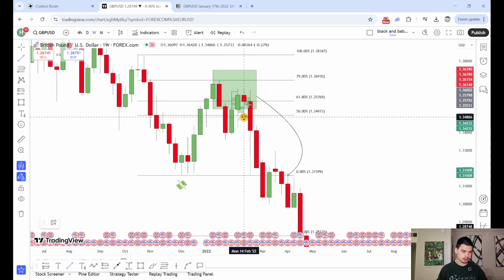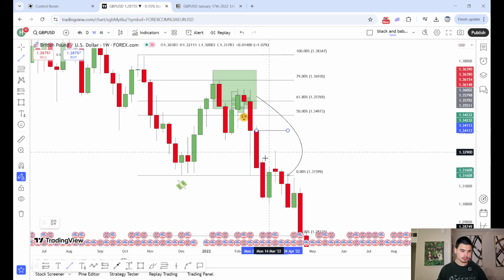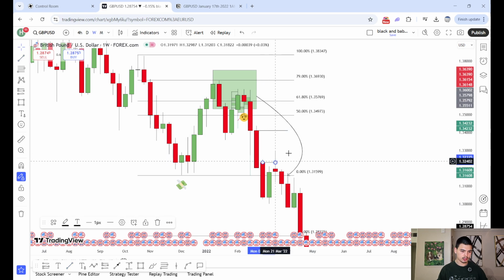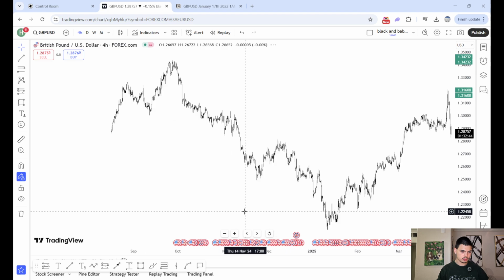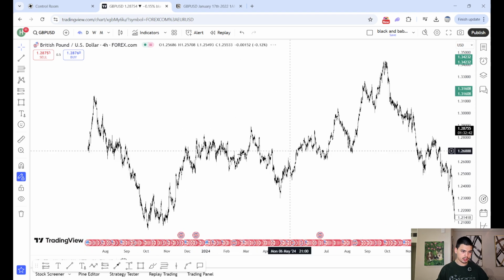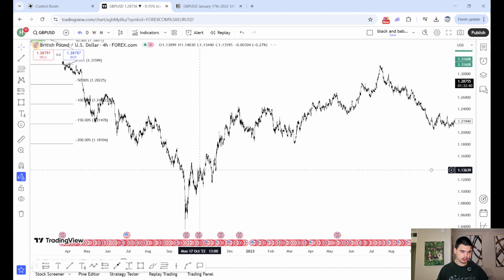So right here, we have this first one here, this price, and we have the next one right here. So we'll forget about this one for now, but we're going to go to the 4 hour and see how that weekly candle opened on Sunday.